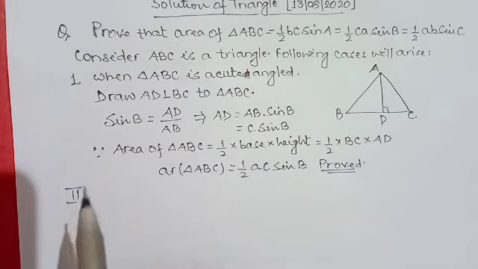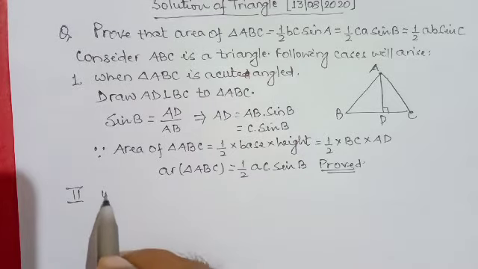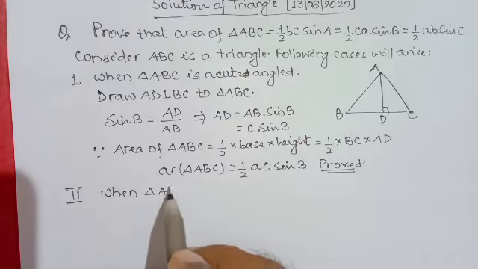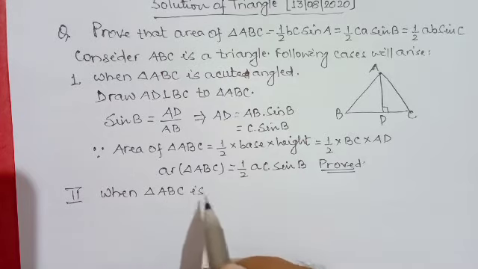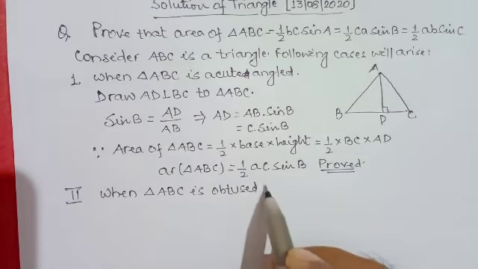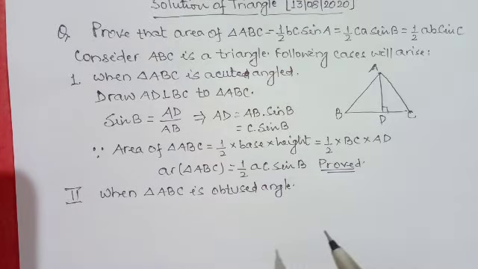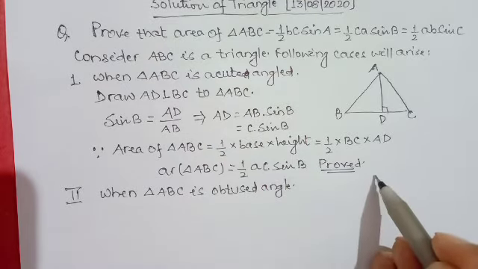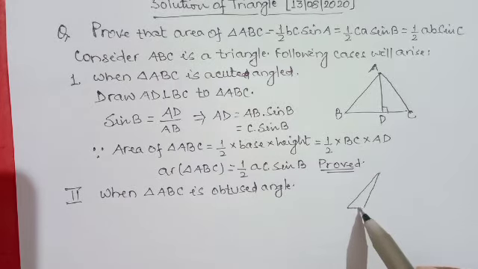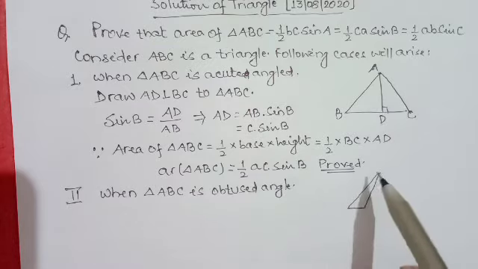When triangle is obtuse angled, the obtuse angle will be like this. One angle is obtuse, more than 90 degrees, that is an obtuse angle triangle.